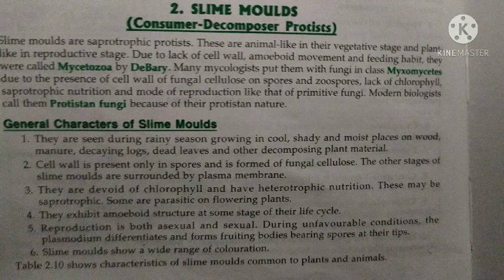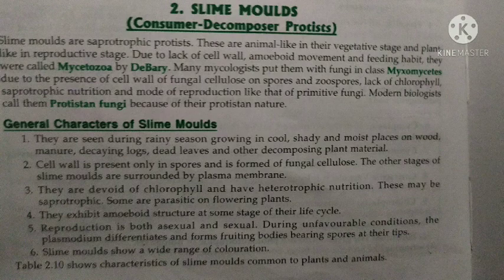Then you should also know that they are further divided into two groups, that is acellular slime molds, which is under class Myxomycetes, and cellular slime molds, which is under class Acrasiomycetes.